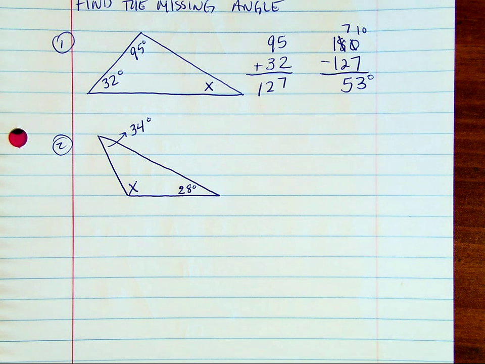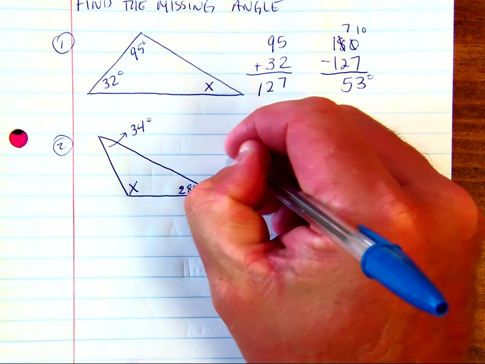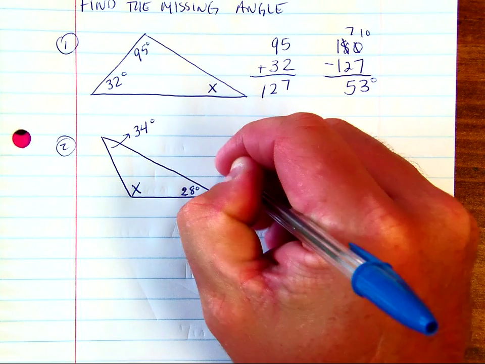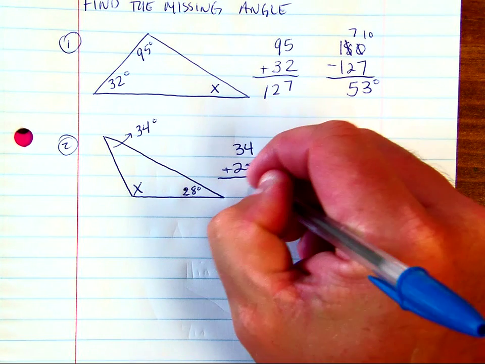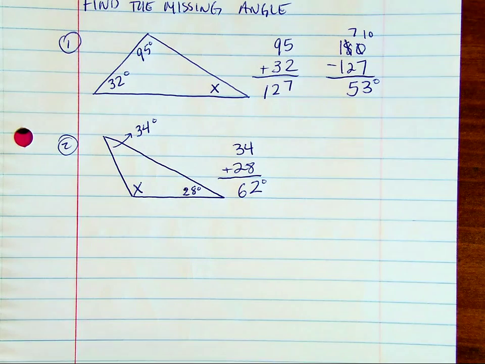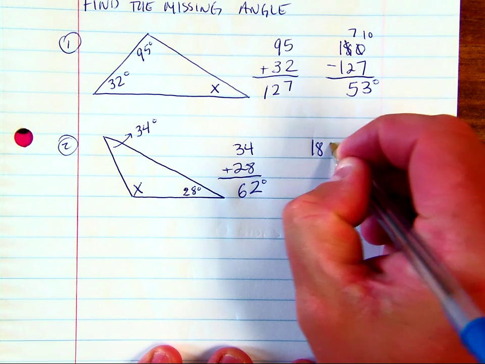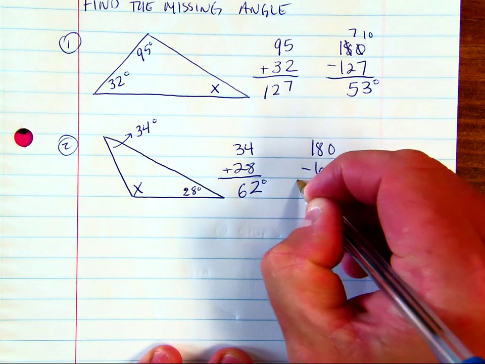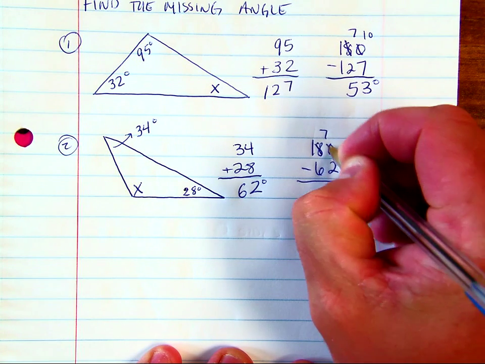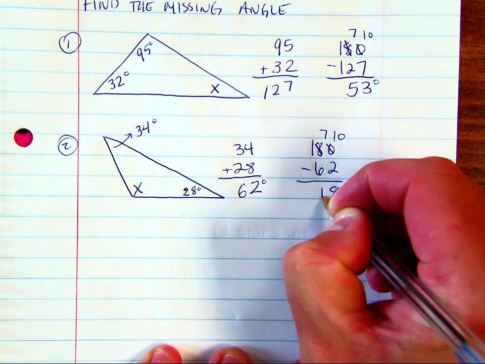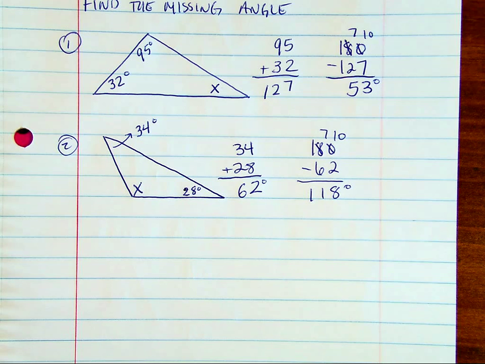Hopefully everybody found the sum of the two given angles. You got 62 degrees. And then you subtracted that from 180. You got 118 degrees? Yes? All right. Fantastic.